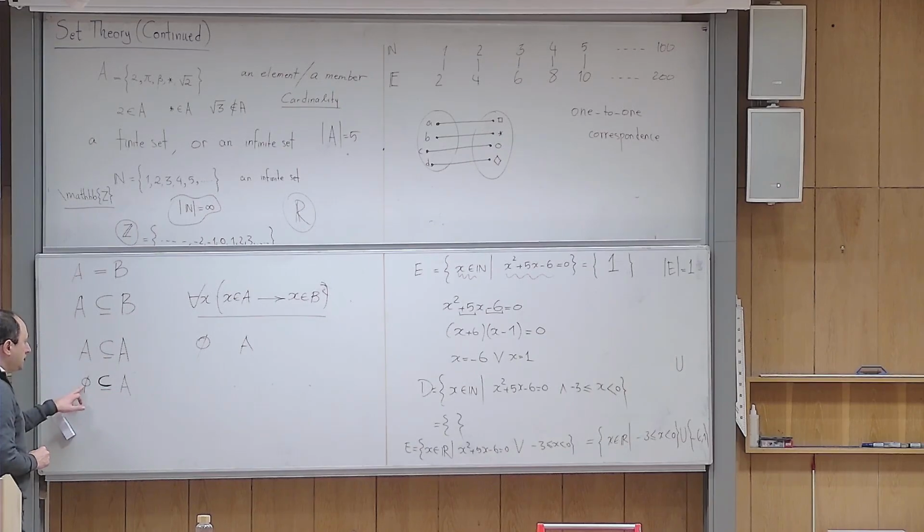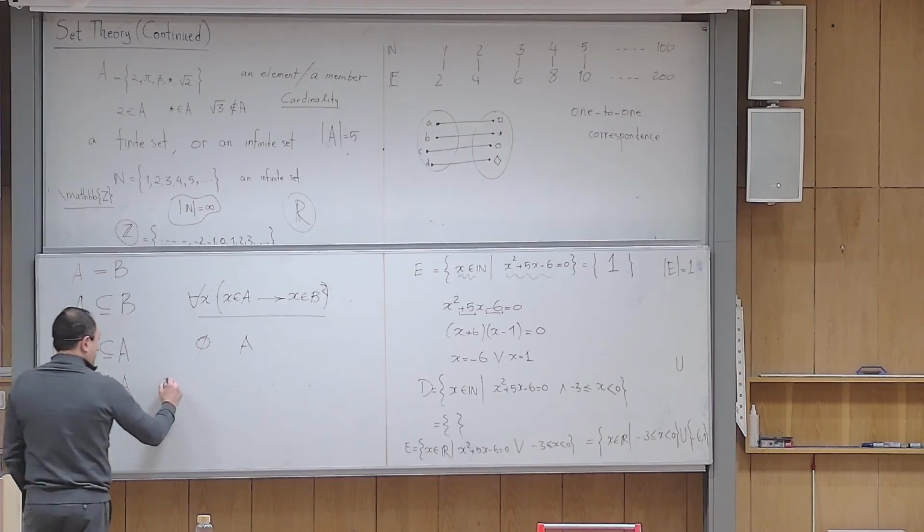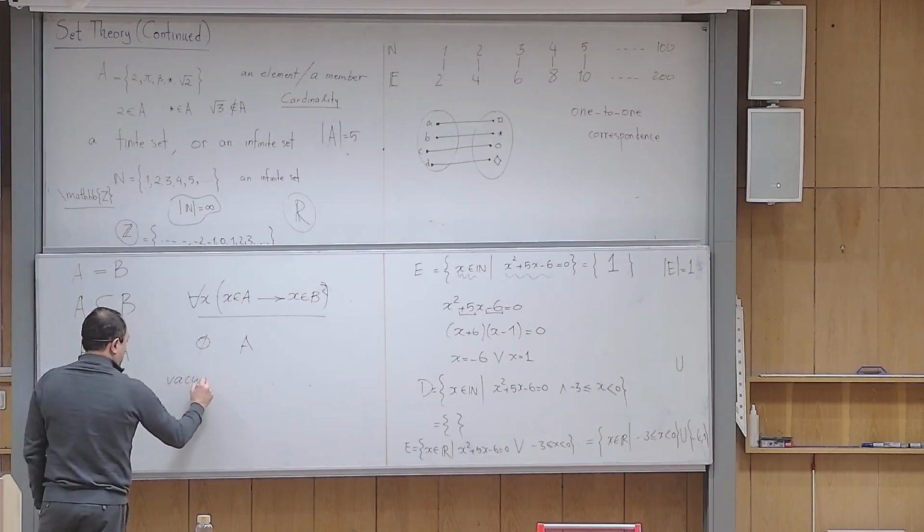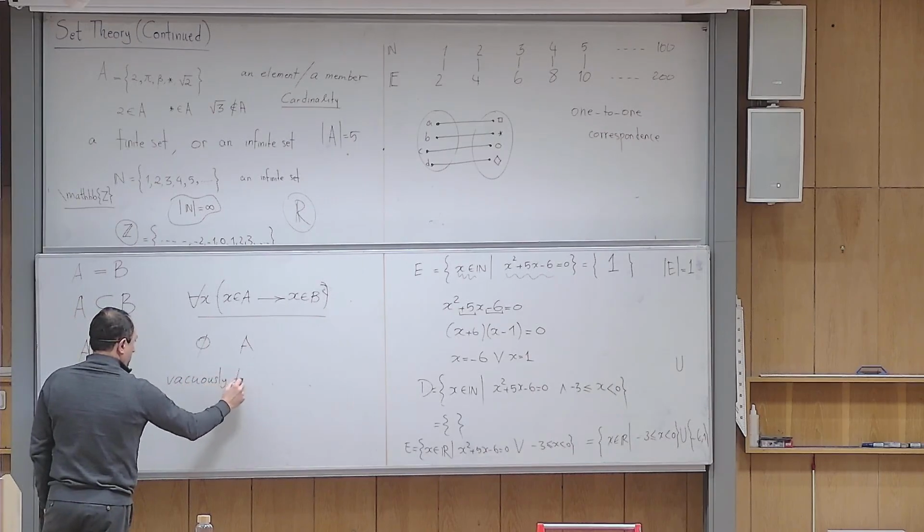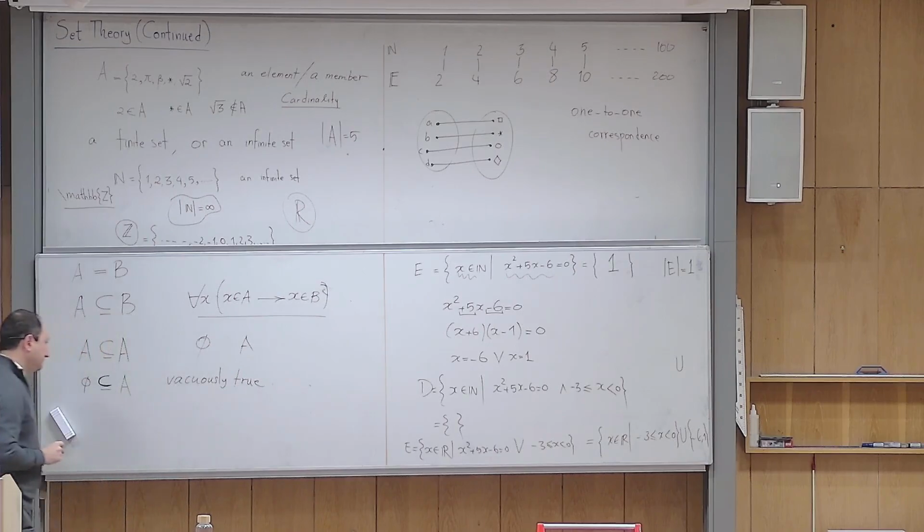Because if you say no, what does it mean? It means that you were able to find something here which is not there. But this is not possible. Okay? So we say this is vacuously true. So rule number one, every set is a subset of itself. The empty set is a subset of every set.